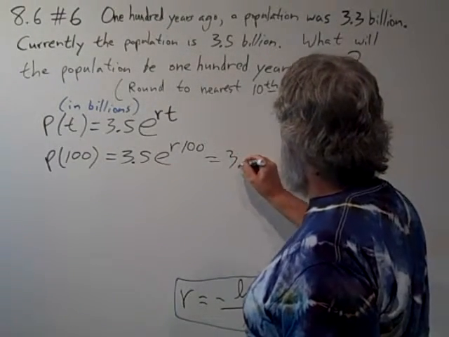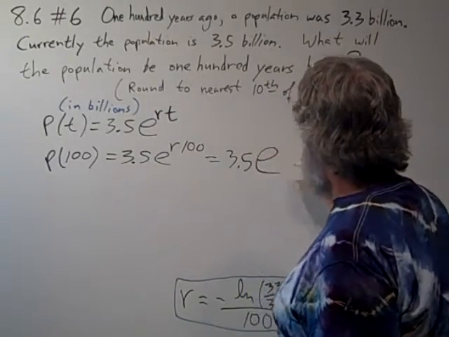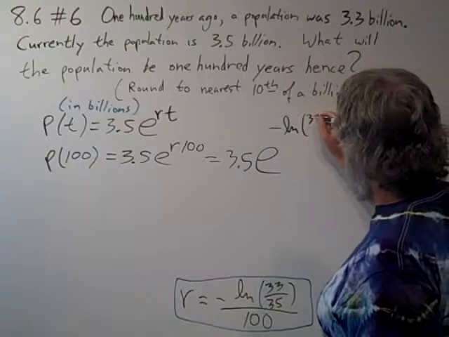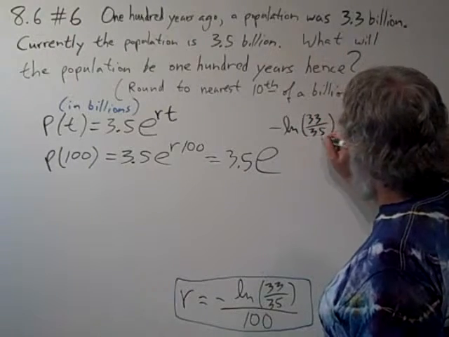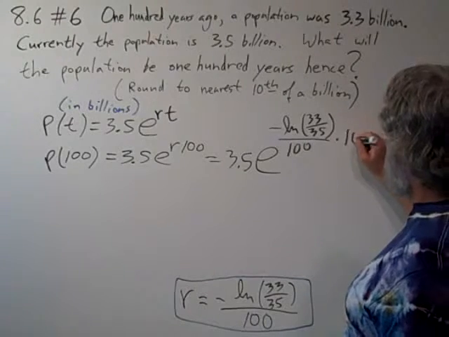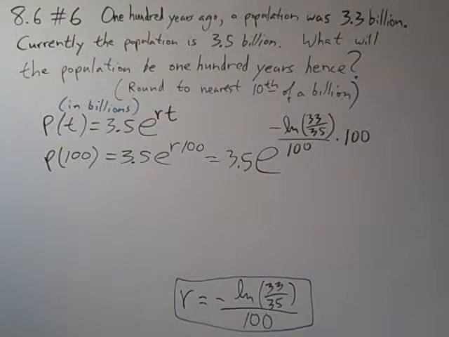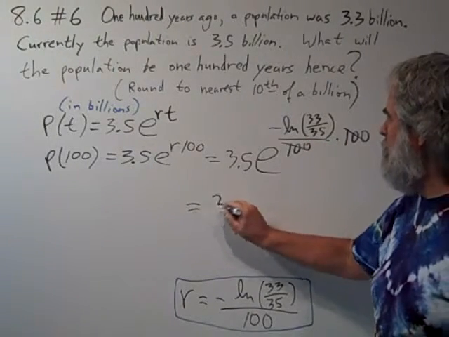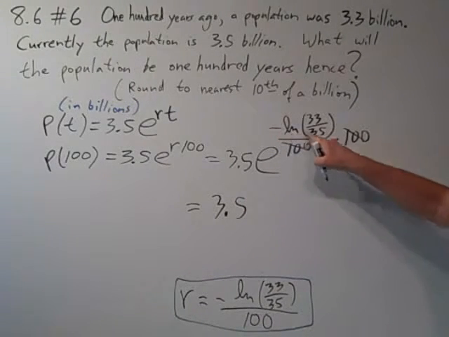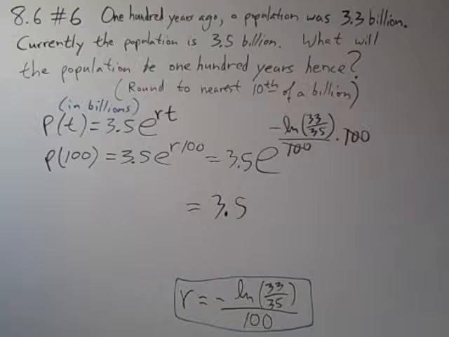So this is 3.5 times e to the negative natural log of 33 divided by 35, all divided by 100. And then this is times 100. That's r times t. And notice that the hundreds cancel out. And so we're left with 3.5 times e to the negative natural log of that power.